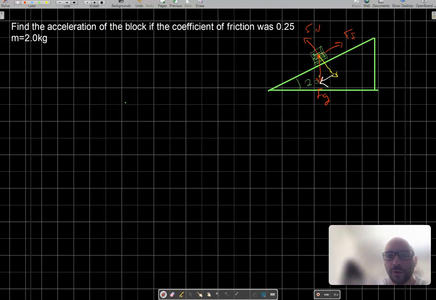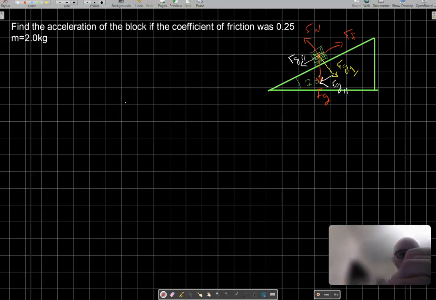Or you can redraw it right here. So that's going to be your Fg parallel. You can write it again, either direction doesn't really matter. And Fg perpendicular is going to be equal to the normal force.